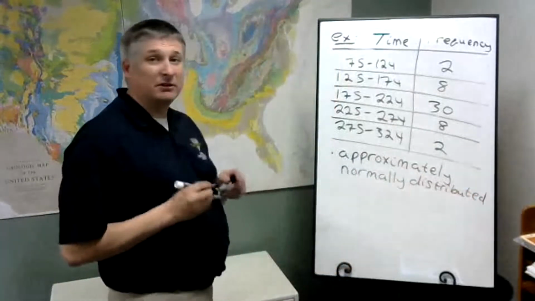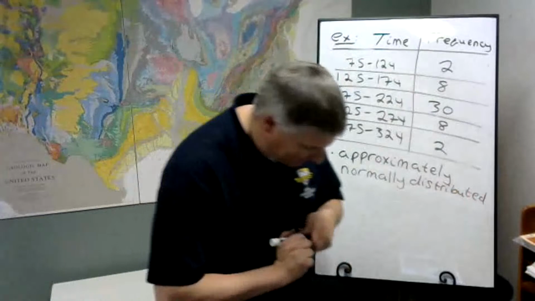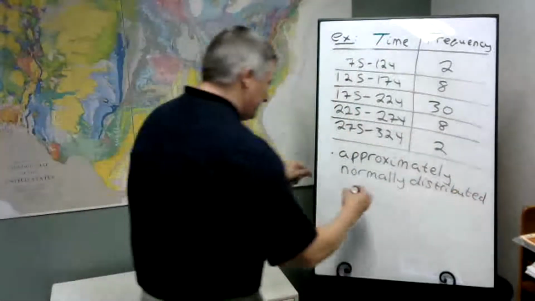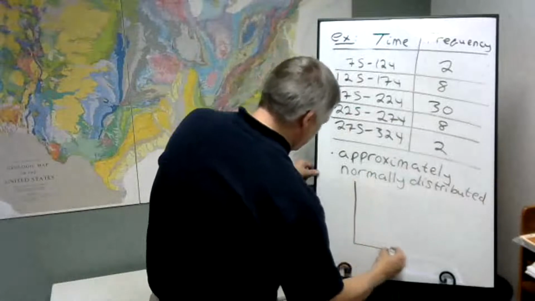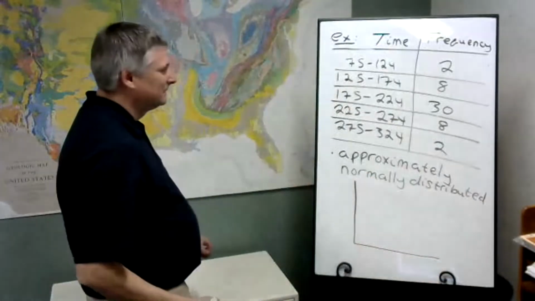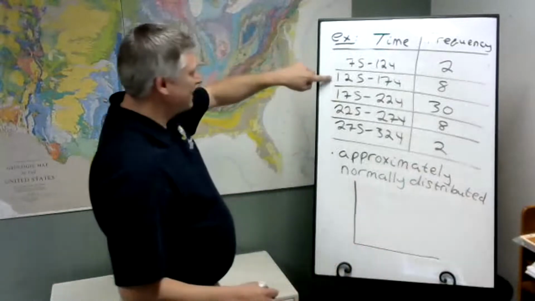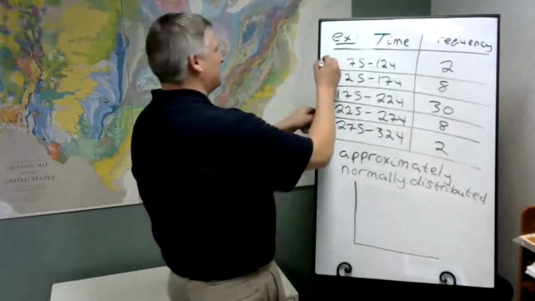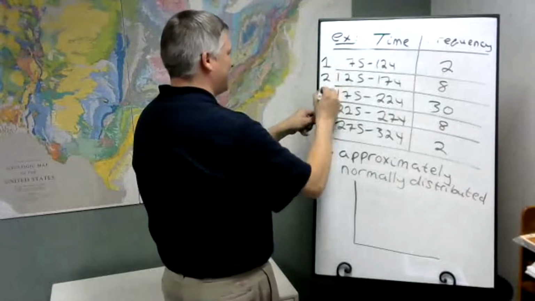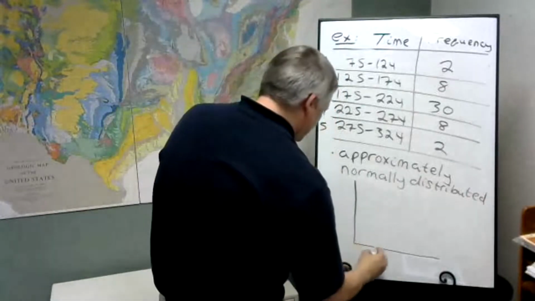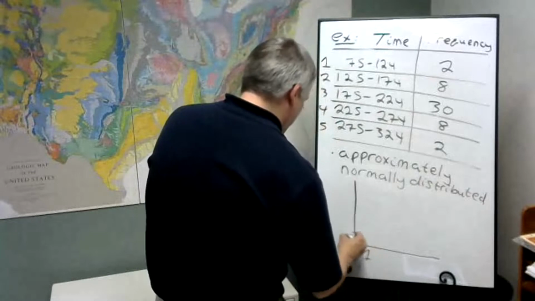So approximately normally distributed. And if you were going to draw a rough histogram, this will be our first, second, third, fourth, and fifth classes. I'll just call them this for simplicity's sake. For that first class, frequency got up to 2.